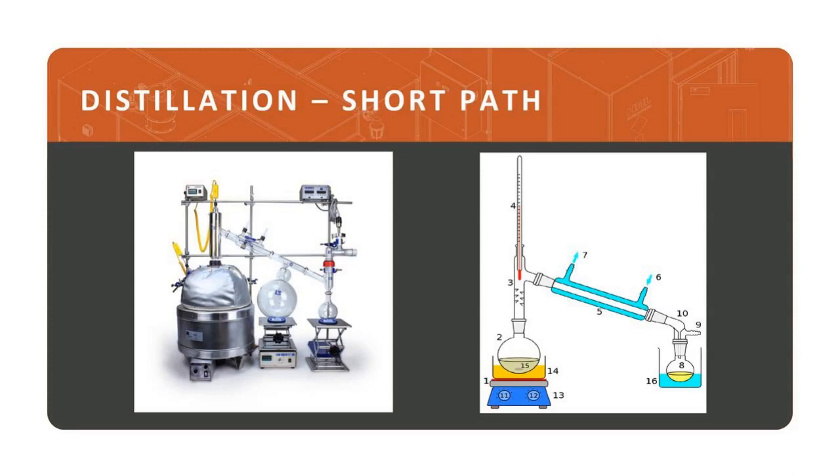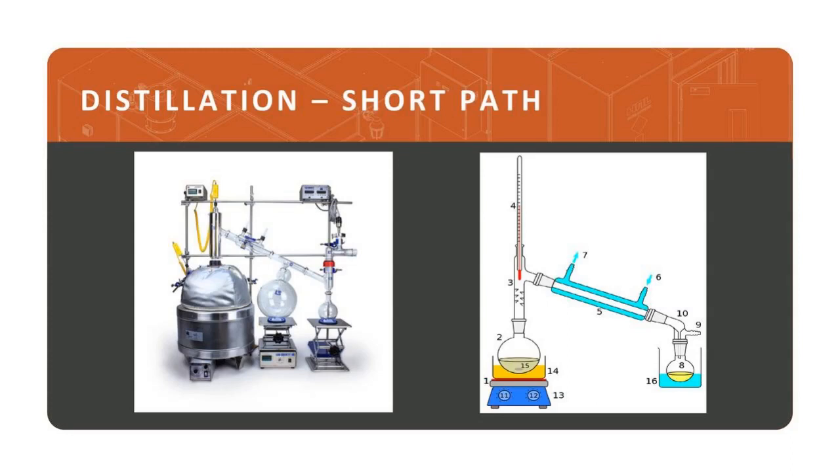And the weights and the sizes of molecules actually affect the temperature at which they boil or turn into gas. And so by narrowly controlling the temperature that's present in the system, we're able to specifically target certain compounds, have them essentially evaporate out of our main solution, move through the system, condense back into a liquid, and then become isolated over to the right. So let's actually look at the components here and walk through that process.